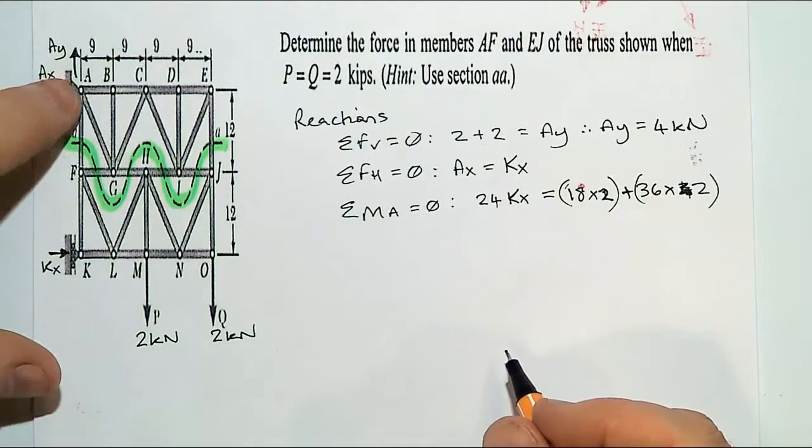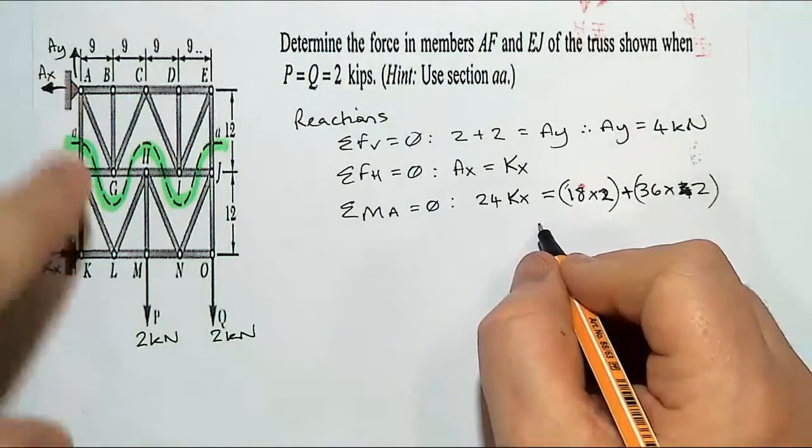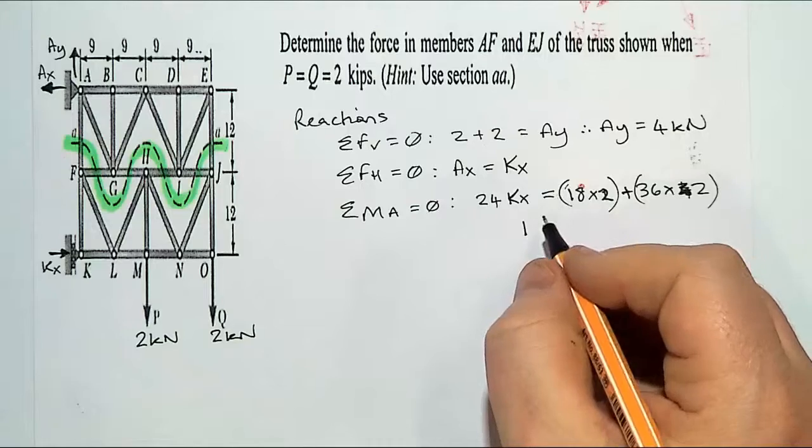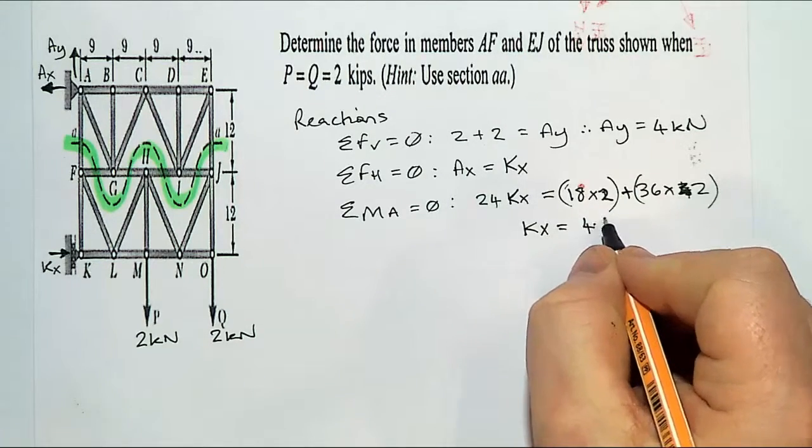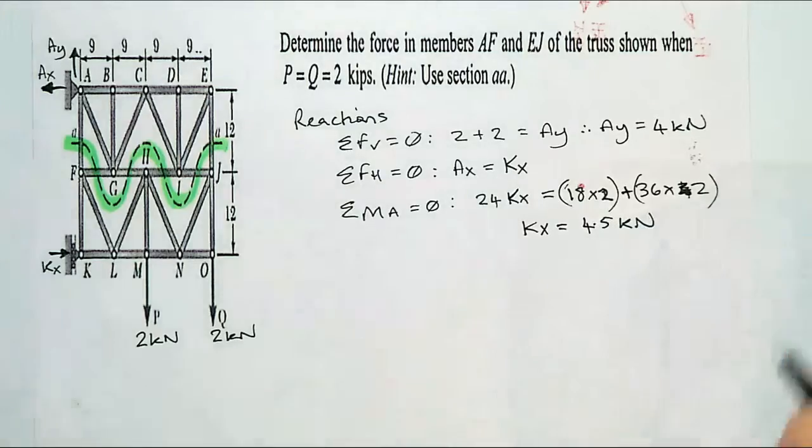That's if we take moments around A. KX equals 4.5 kilonewtons.